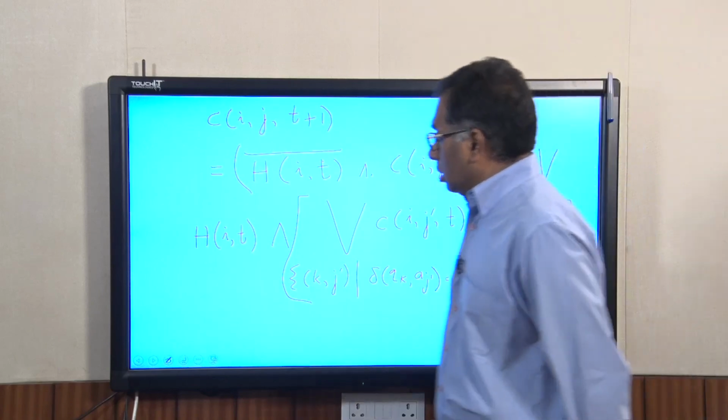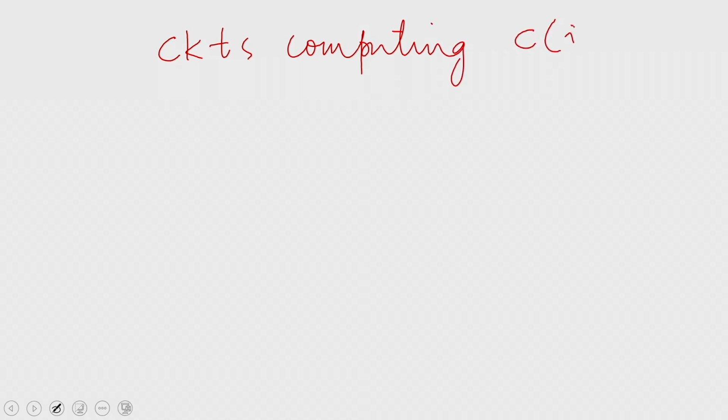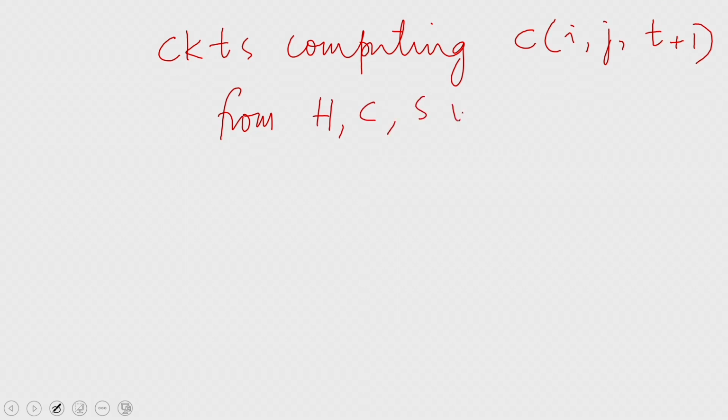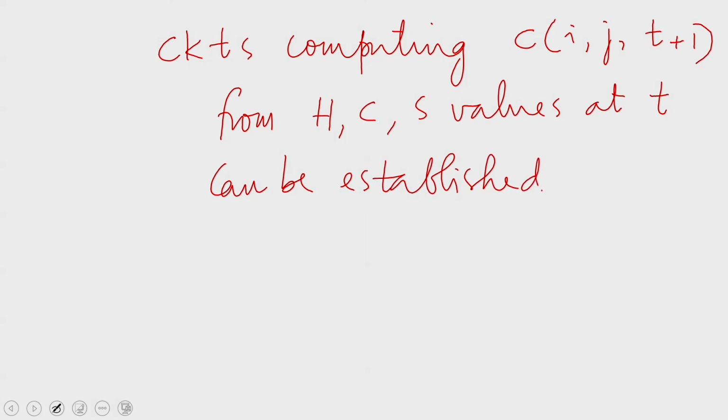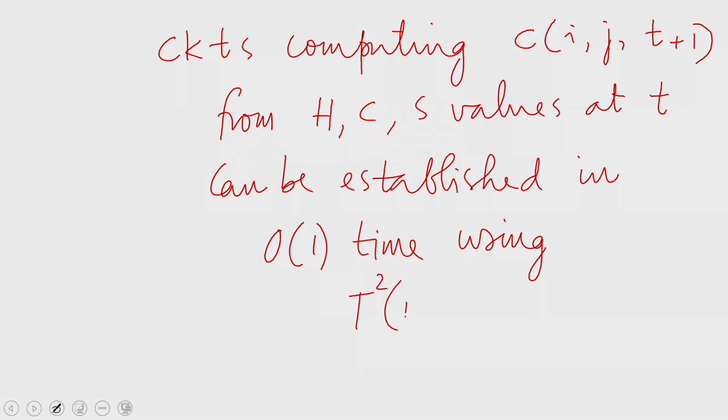Therefore, we see that circuits computing Cij t plus 1 from H, C and S values at t can be established in order 1 time using T squared of n processes on any PRAM.